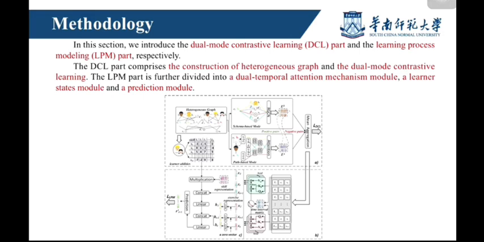In this section, we introduce the DCL part and the LPM part, respectively. The DCL part comprises the conjunction of heterogeneous graph and dual-mode contrastive learning. The LPM part is further divided into a dual temporal attention mechanism module, a learner states module, and a prediction module.